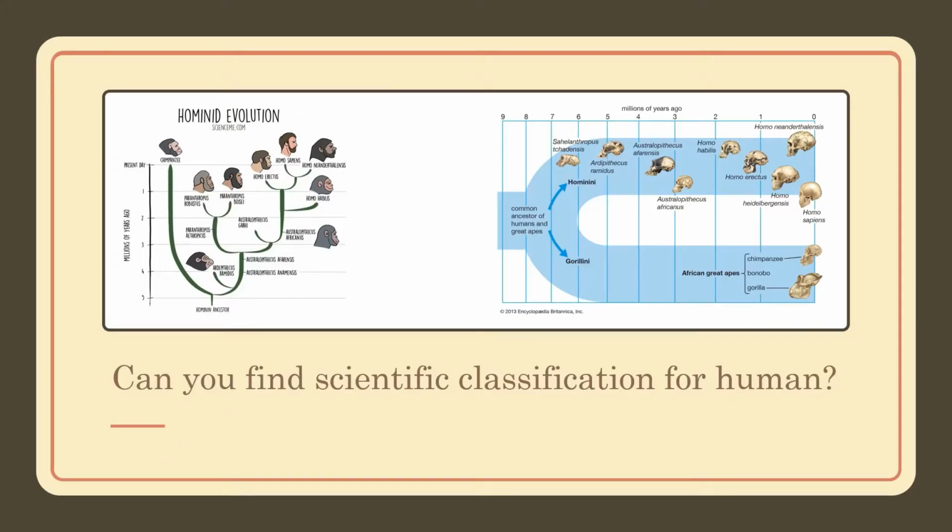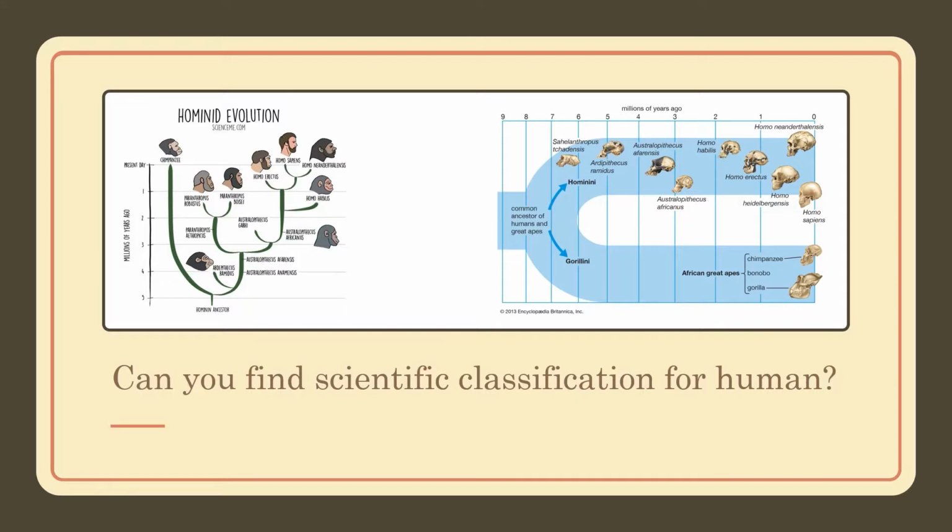Can you find the scientific classification of human? If we look here, this is hominid evolution. So here is the chimpanzee, this is the basal taxon. So we are here, Homo sapiens. It means here is more primitive. Chimpanzee is more primitive compared to Homo sapiens.